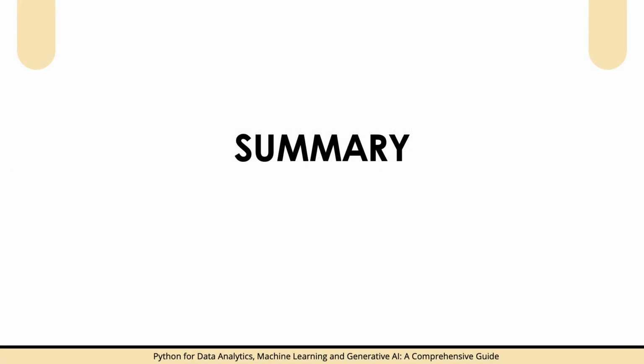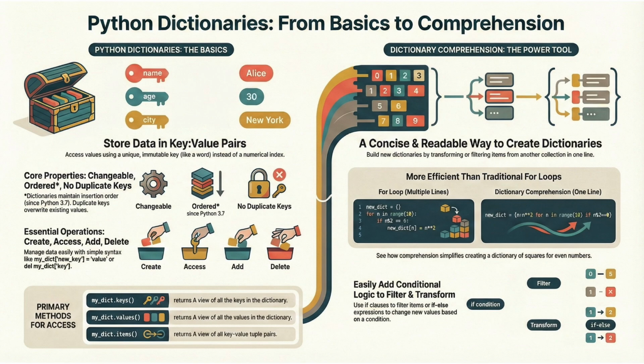Let's now have a quick summary of what we have covered in the Python data type dictionary. A dictionary stores data as key value pairs, where each key is unique and immutable. Dictionaries are changeable, maintain insertion order from Python 3.7 onwards, and do not allow duplicate keys. We can easily create, access, add and delete dictionary entries.